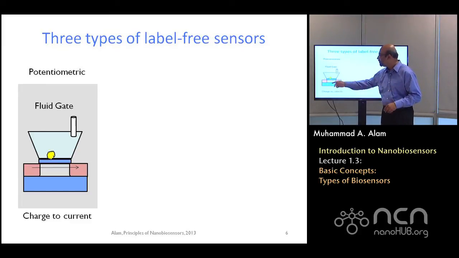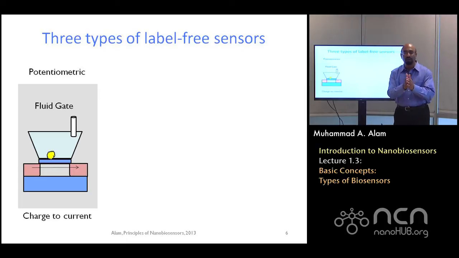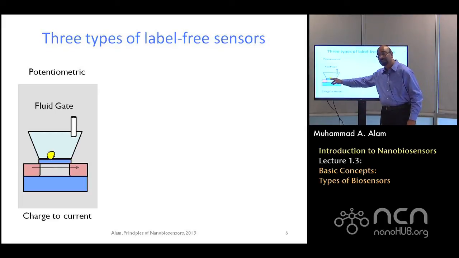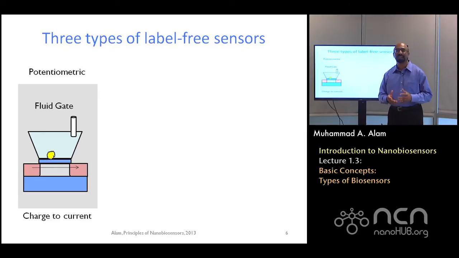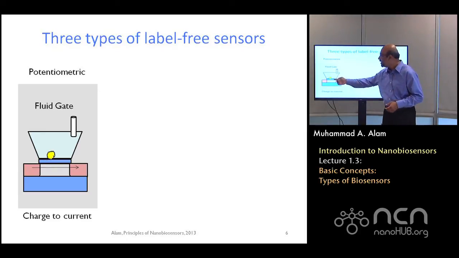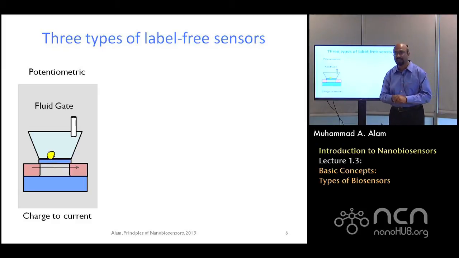of the biomolecule. Once the biomolecule conjugates on the sensor surface, or is caught by the target, by the receptor, because it has charge, it will change the potential of the channel, and hence the name potentiometric sensor. And therefore, the change in the potential will change the current. So therefore, we can signal the conjugation event through the change in the current.